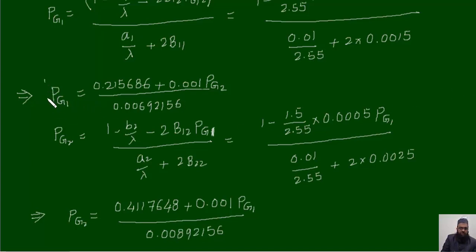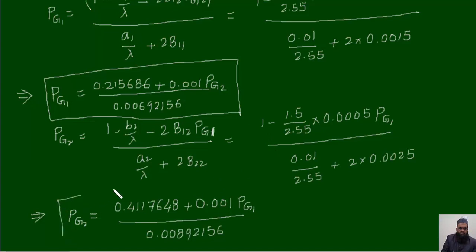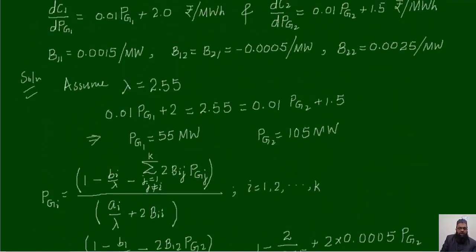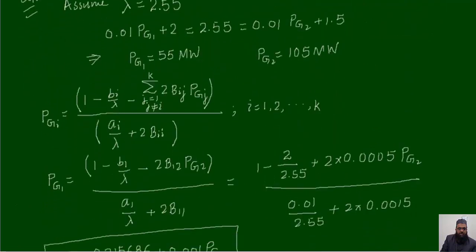so we have the equations for Pg1 and Pg2. This is for Pg2, Pg1, and similarly we have this equation for Pg2. So these two equations will be solved iteratively. So starting with some values of Pg2 which we have already calculated here.